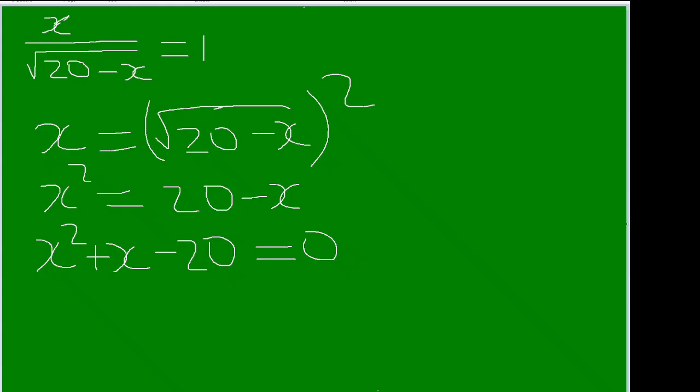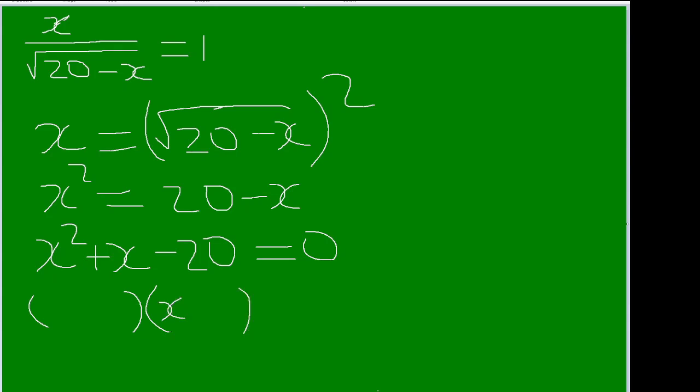Those numbers would be 5 and negative 4. 5 times negative 4 gives us negative 20, and 5 plus negative 4 gives 1. So without wasting our time, we will use those two numbers.